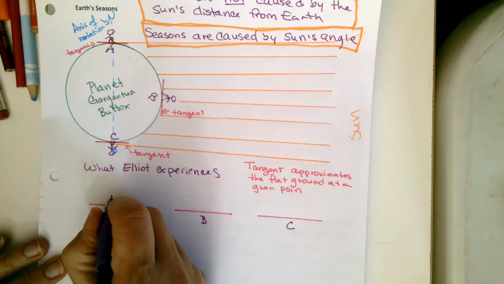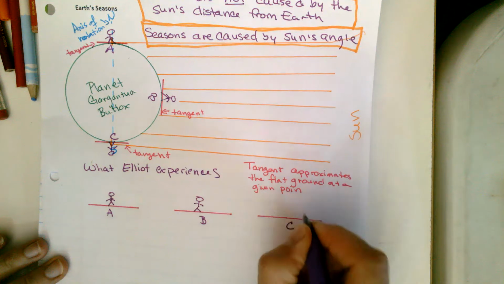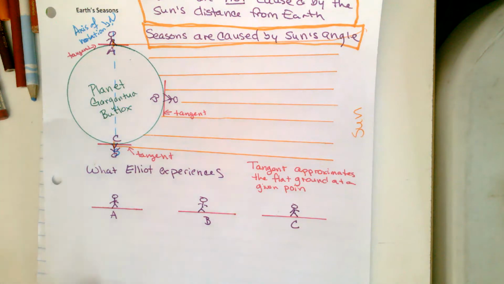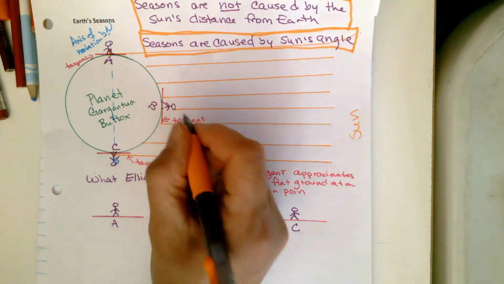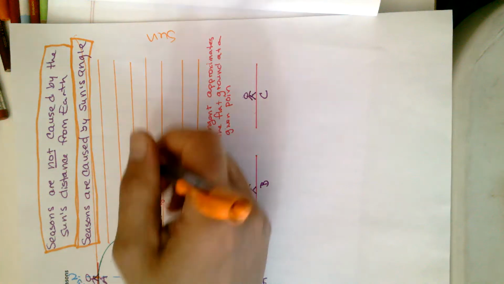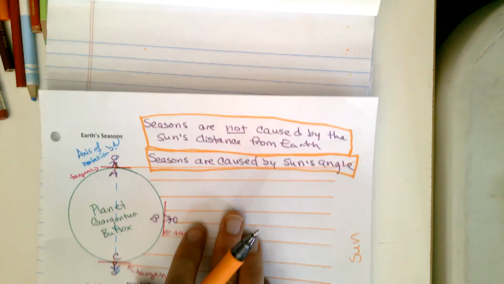Draw my little Elliotts. Okay, so Elliott B is probably the most intuitive based on our real lived experience, or how we imagine our lived experience to be. This Elliott at B is experiencing the sun basically coming straight down on Elliott's head.